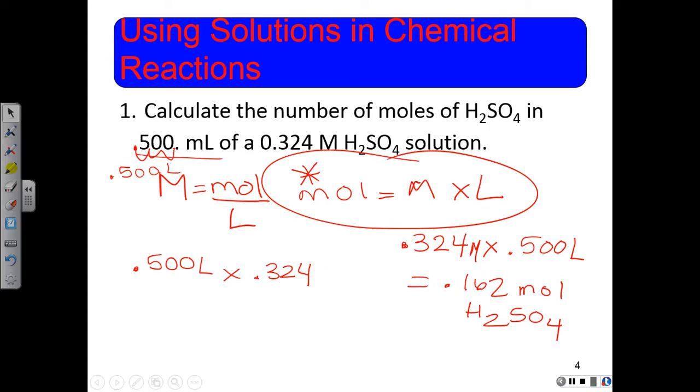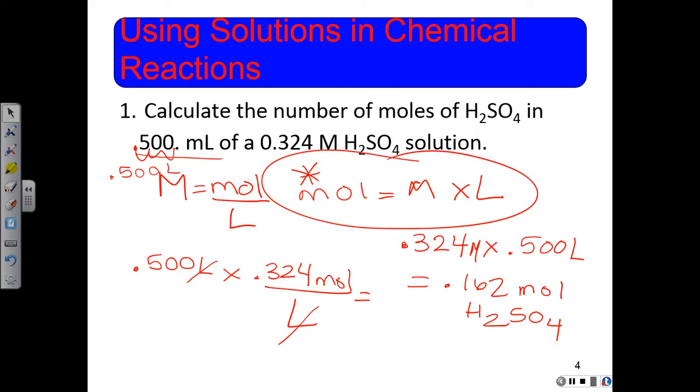We can also write it as 0.500 liters times 0.324, and then molarity is what? What's its definition? Moles per liter, right? So if we put moles over liters, the liters cancel and we're left with moles on top.